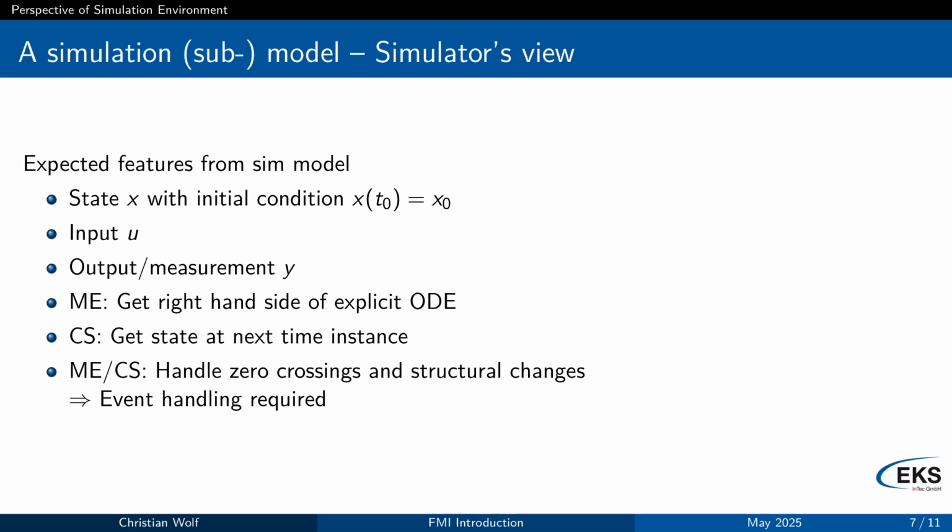Something that comes with FMI 3 is the zero crossing detection, more or less. So you can add structural changes and handle events depending on your integration result. With FMI 2 there was already some support for this. With FMI 3 there was an improvement on this side.